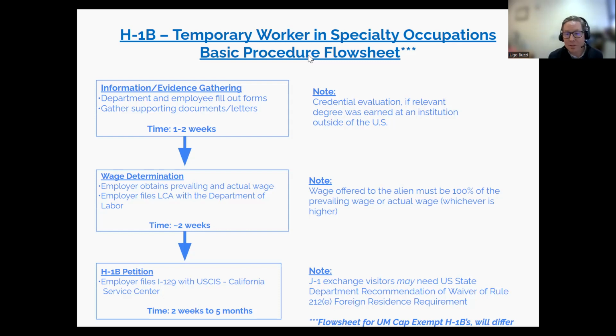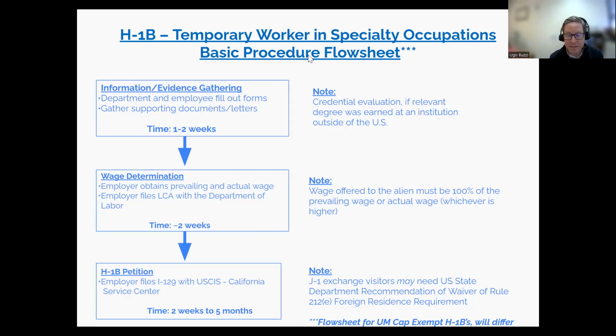So the very first step is for the employee to have an offer of employment from the employer. Okay, once an offer of employment is made and the employee accepts it, then the sponsoring institution, the employer, can begin the H-1B process. That process begins with information gathering.